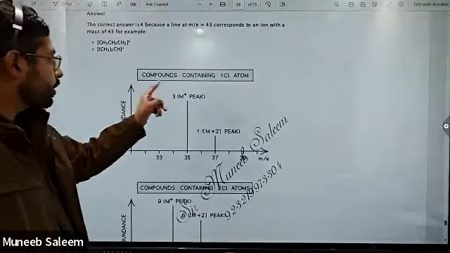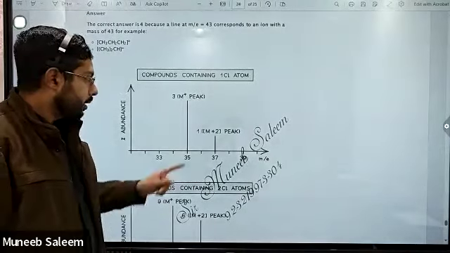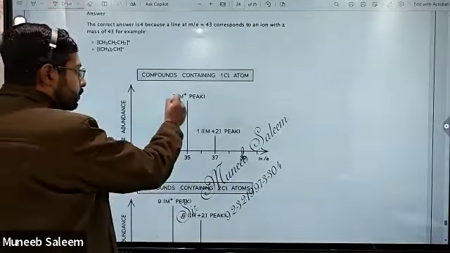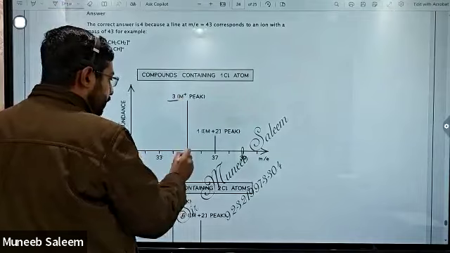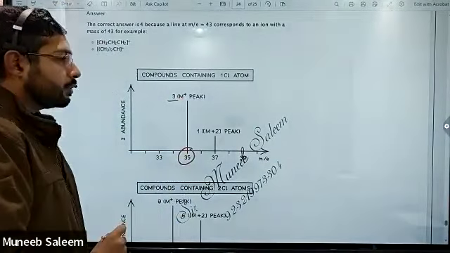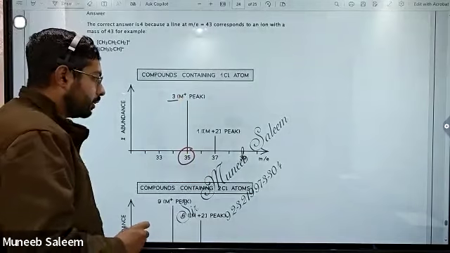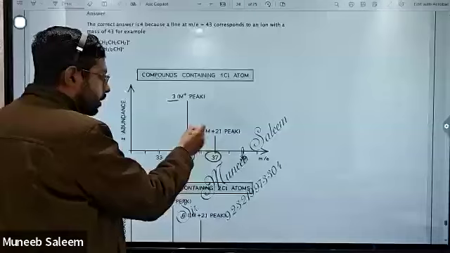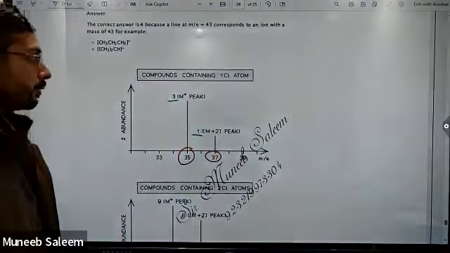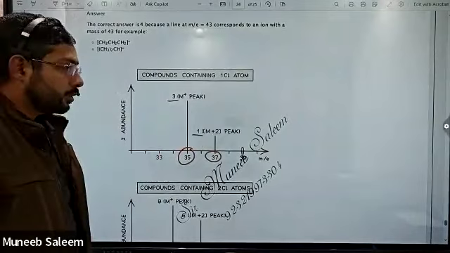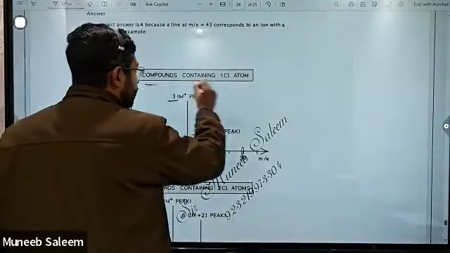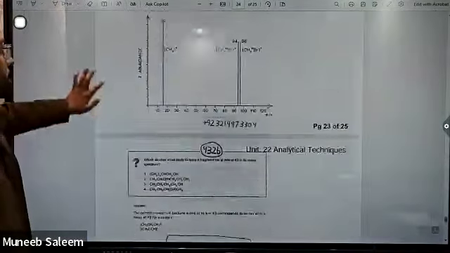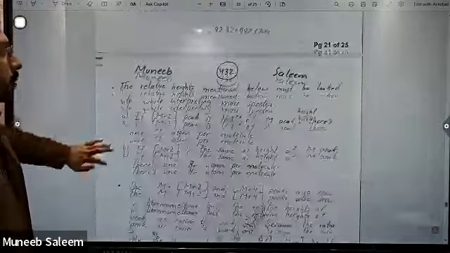So if we have a compound containing 1 chlorine atom, then a peak at an intensity of 3 ratio will be of chlorine 35, and if there is an isotope of chlorine 37, then the peak height will be at a ratio of 1. So 3:1 is seen between chlorine 35 and chlorine 37. This is an example in which the compounds contain only one chlorine atom. Now we look for a compound in which there are 2 chlorine atoms in a molecule.